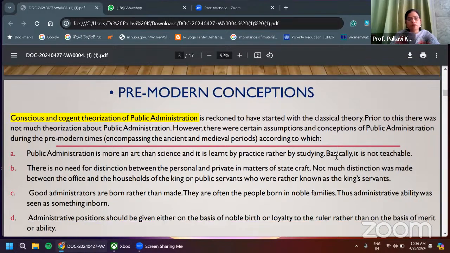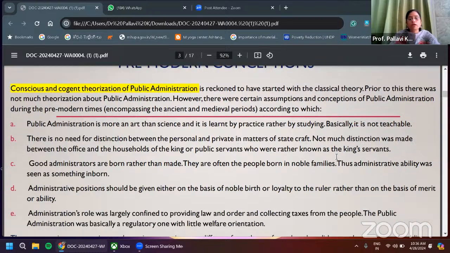Initially, when we speak about pre-modern concepts, there are certain assumptions and conceptions of public administration during the pre-modern times. It says that public administration is more an art than a science.